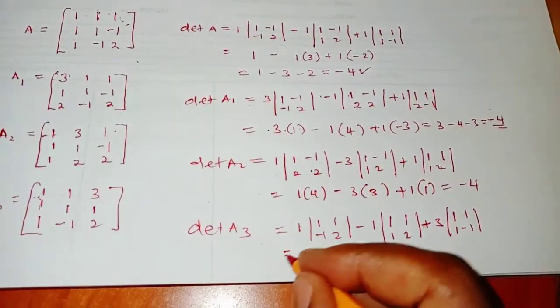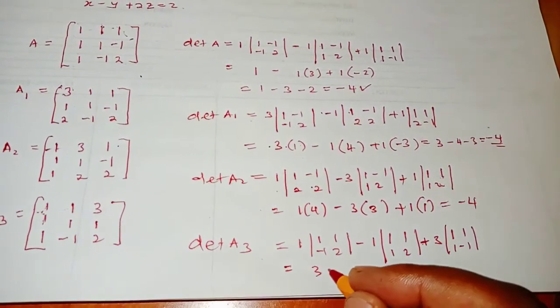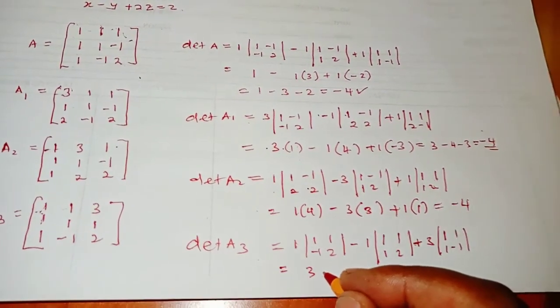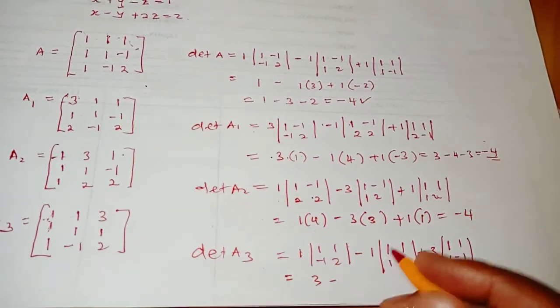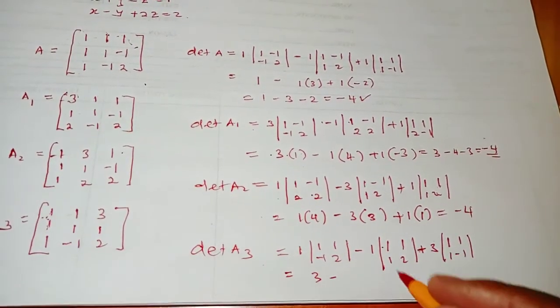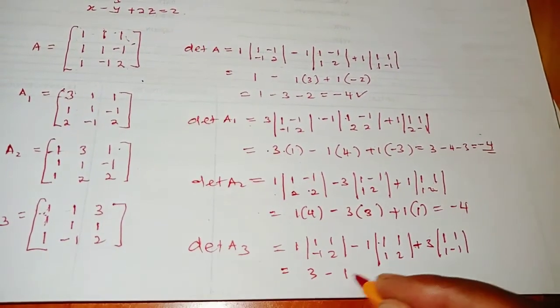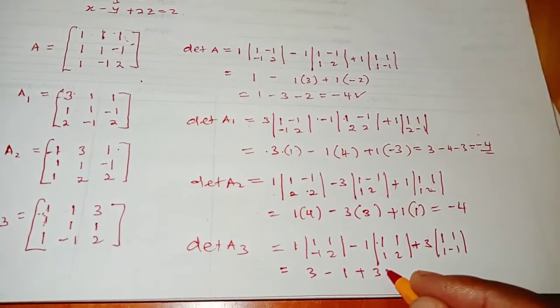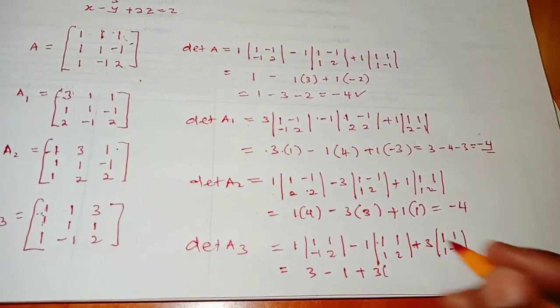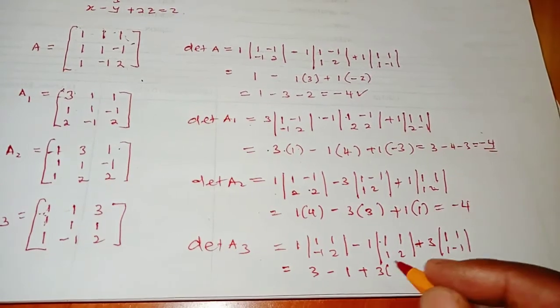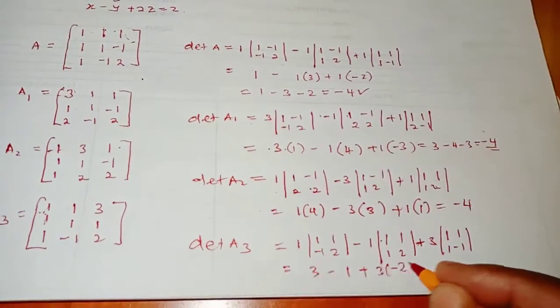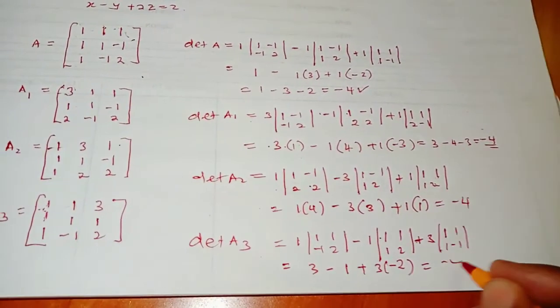This gives me 3 times 1 is 3, minus 1 times 1, then plus 3 times minus 1 minus 1, that gives me minus 2, so this gives me negative 4.